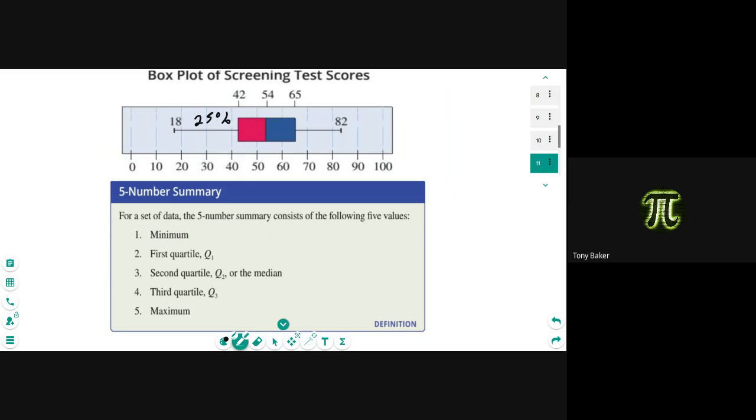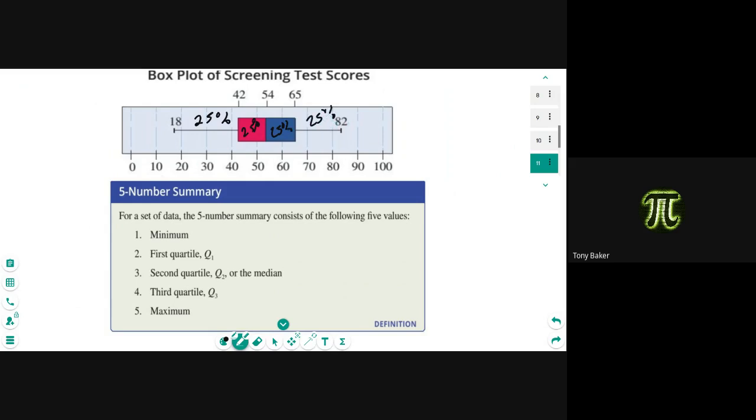Between Q1 and the median, how much do you have? Q1 is 25%, median or Q2 is 50%. So what percent do you have between those two? 25%. That means in this little red box, there's 25% of all the data. In the blue box, there's 25% of all the data. And over here, there's 25% of all the points.